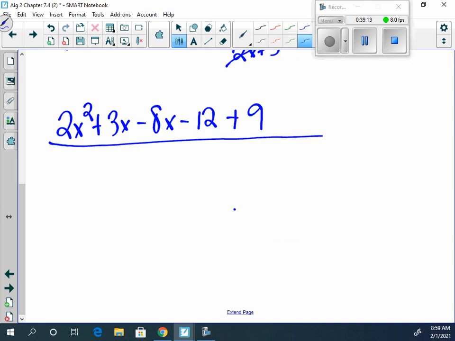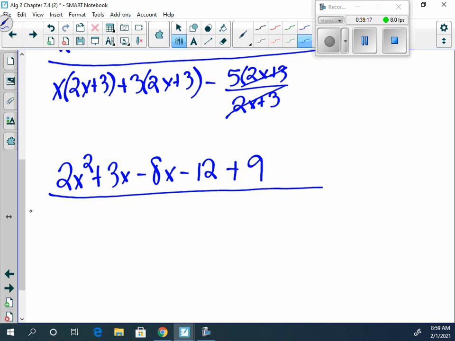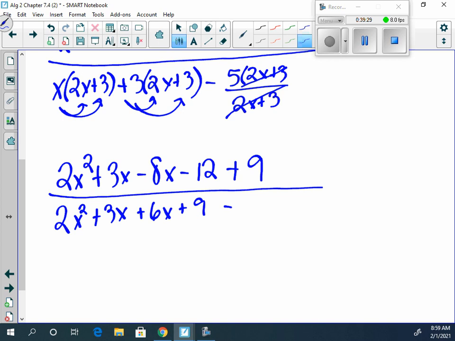And then we'll do the same thing with the denominator. So we'll have 2x squared plus 3x. Do the same thing with the 3. So x plus 9 minus 5.